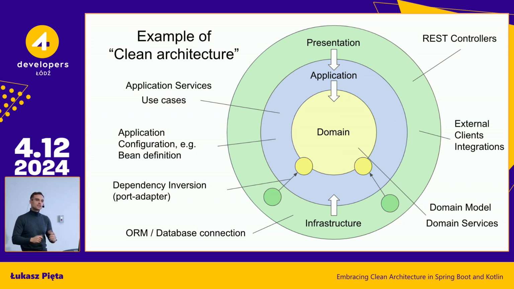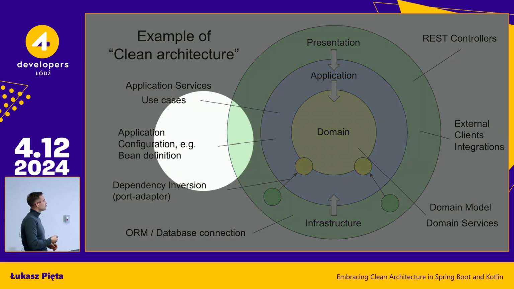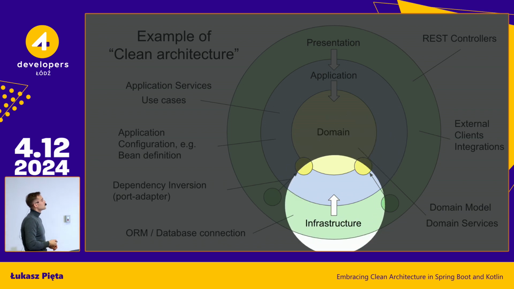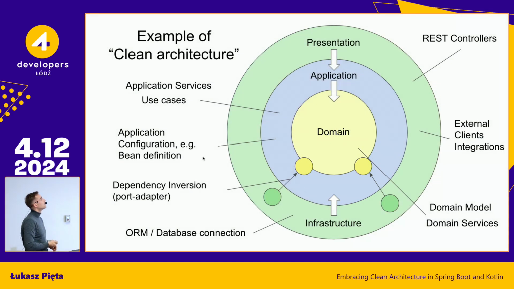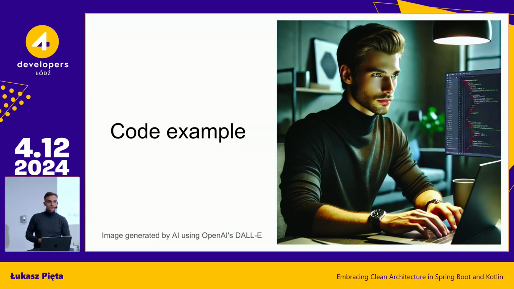And you can try to work on your own different opinion on that, of course, and your own different implementation. That's up to you. So what we have here is kind of an onion architecture with this dependency inversion right here, because infrastructure will depend on application, not the other way. So having dependency inversion here as port and adapter, that's the way to do it. And let's jump into the code example.